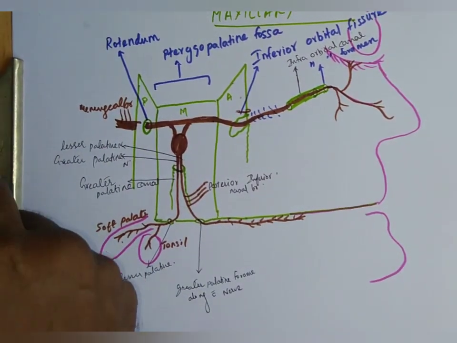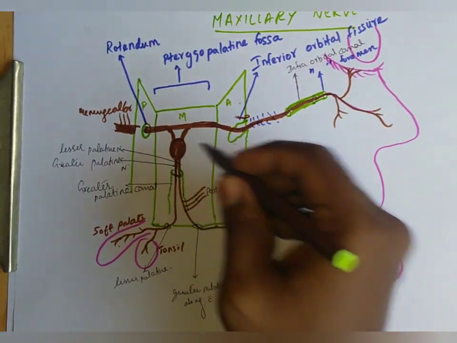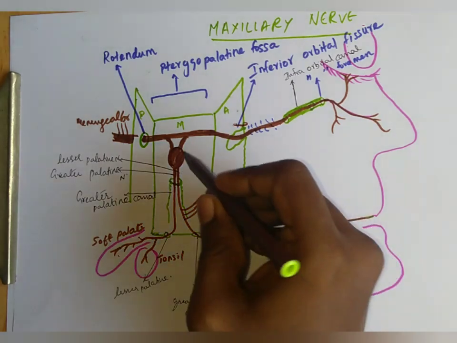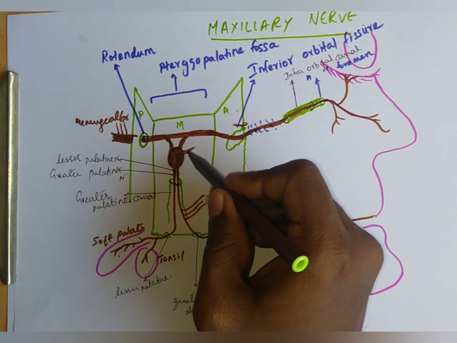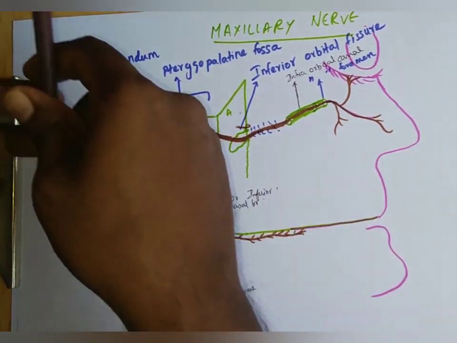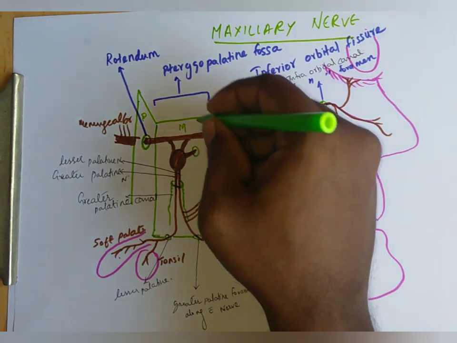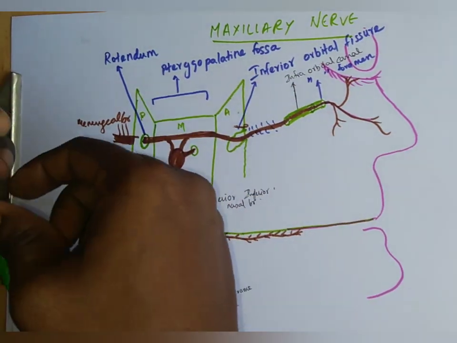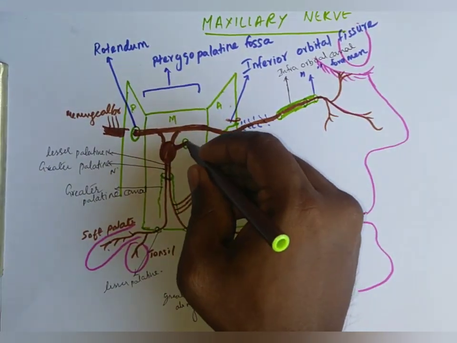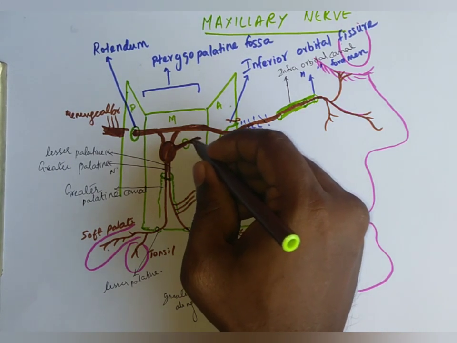Similarly, we have posterior superior nasal branches, which are directly coming from the ganglia. So these are the posterior superior nasal branches, which will be entering through a foramen present on the medial wall itself. After entering through the foramen, it will divide into two branches, the medial branch and the lateral branch.